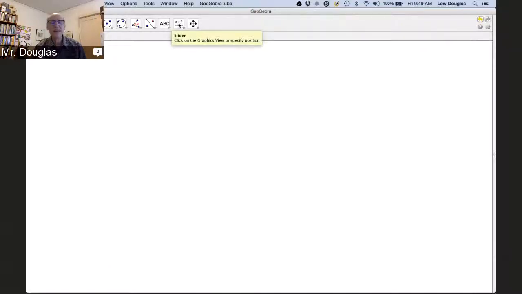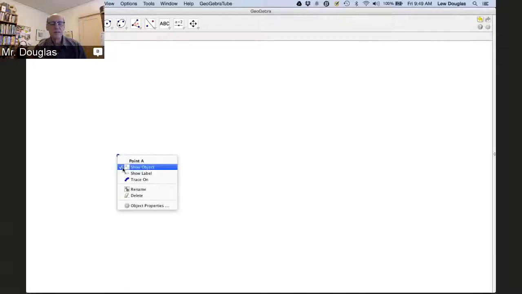I think I have to make the slider first. For rotation, I'm going to need a point. So here's a point, and let's show the label. All right, so there's point A.